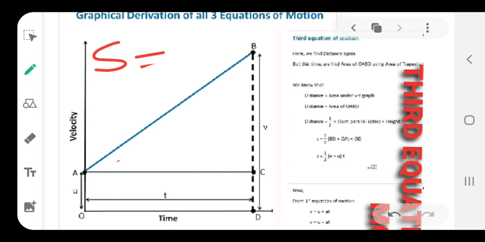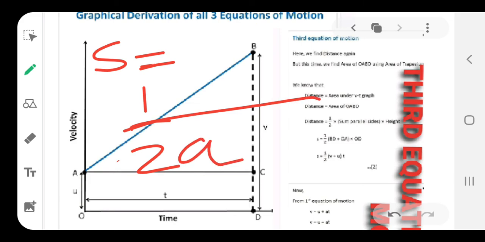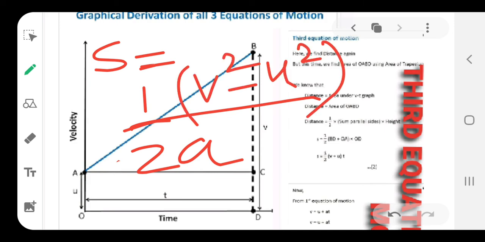So it will become 1 by 2a. So v plus u and v minus u gives you in that term v square minus u square. Now combine the term.